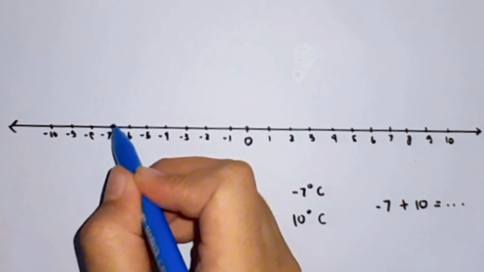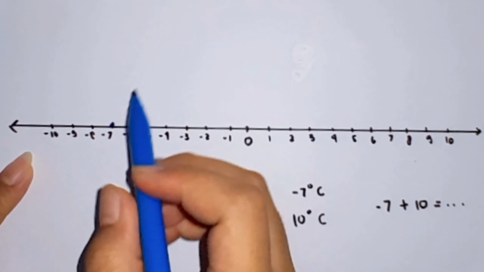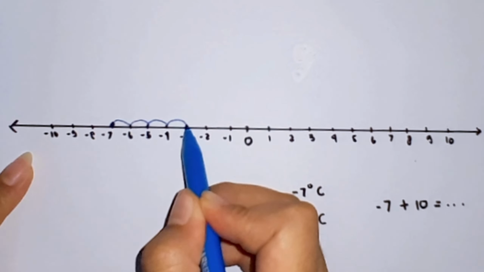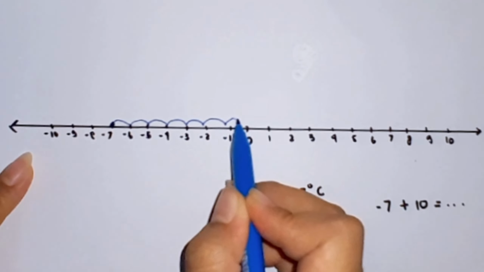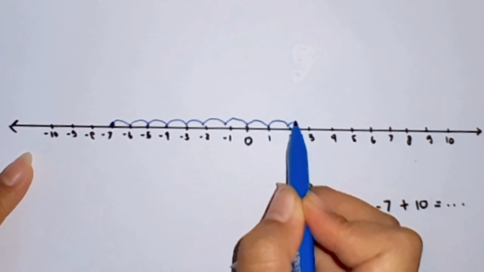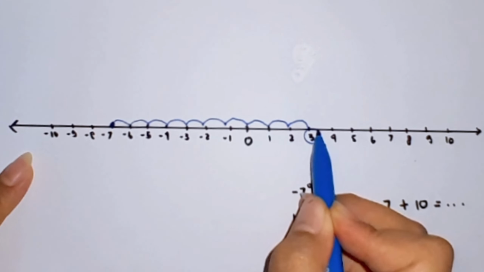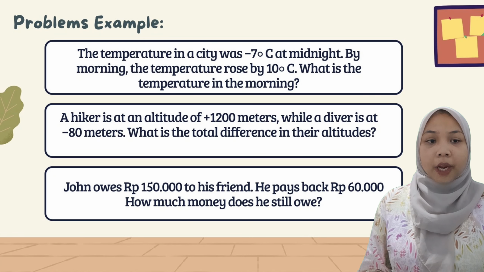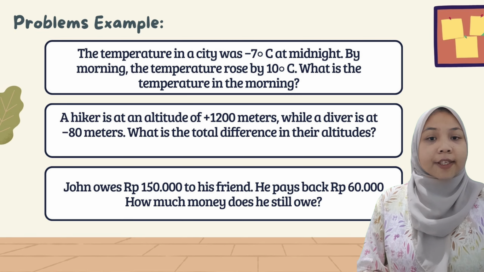Of course, start with negative 7 and add 10. To find your answer, it is 3. So, the temperature in the morning is 3 degrees Celsius. This also applies to question number 2 and so on.